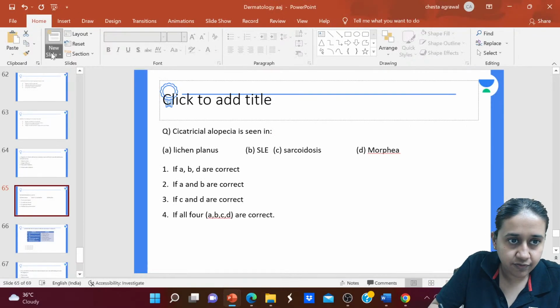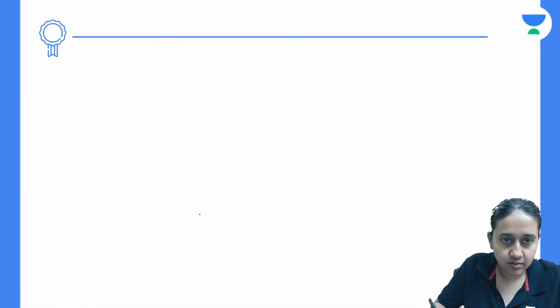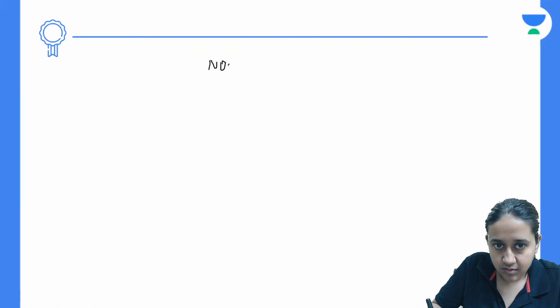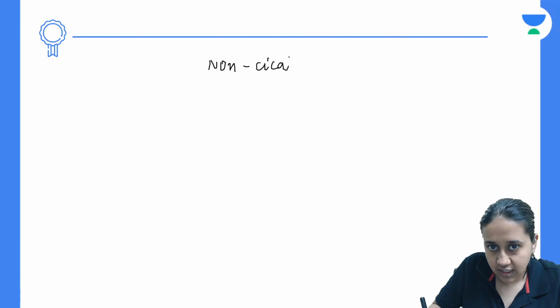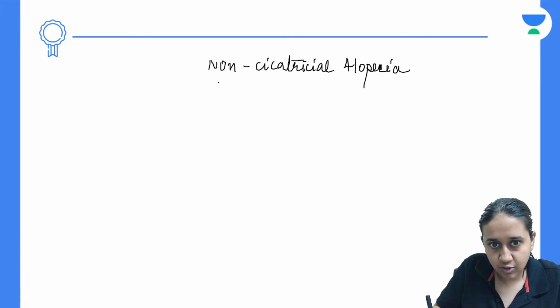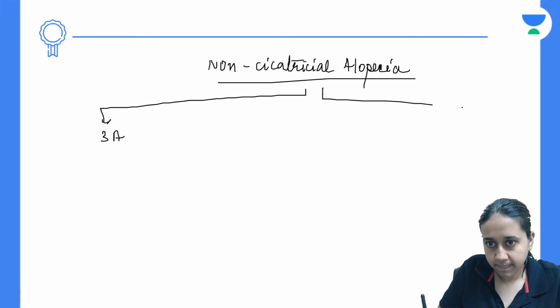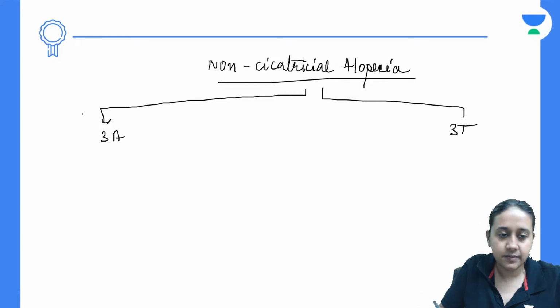While for the examples of non-cicatricial alopecia, we have 3 A's and 3 T's.